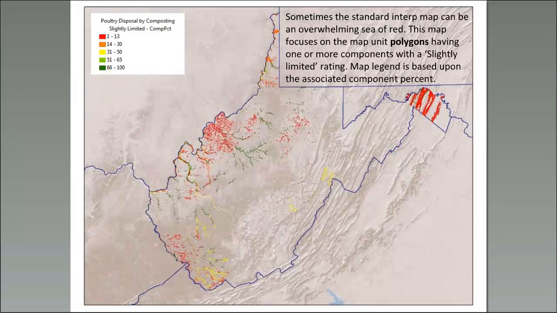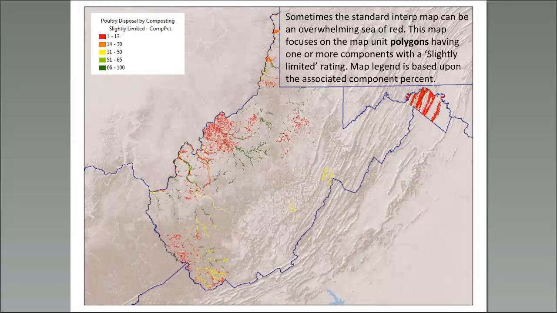Okay, this is a slight variation on the traditional map. This one was based on running that same interpretation on the polygon layer, and then I selected just those polygons that had a slightly limited rating and exported those out to a new layer.